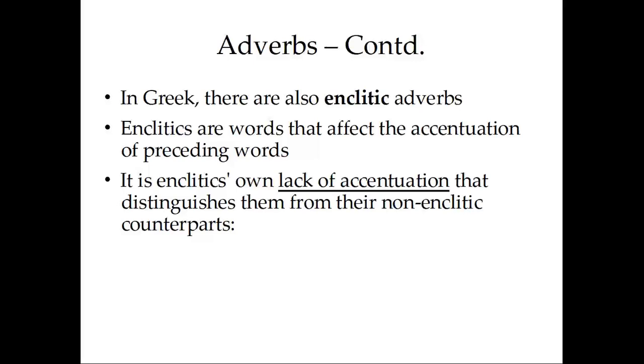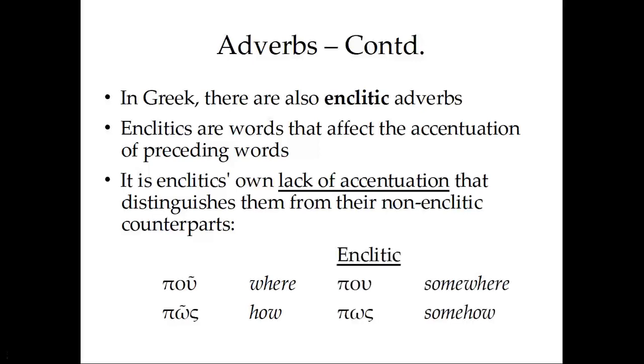For instance, let's look at those words we just looked at, this adverb of place, where, and this adverb of manner, how. These are interrogative adverbs, pou and pos. And we have enclitic versions of these that actually mean different things. So, pou with no accent means somewhere. Pos with no accent means somehow.